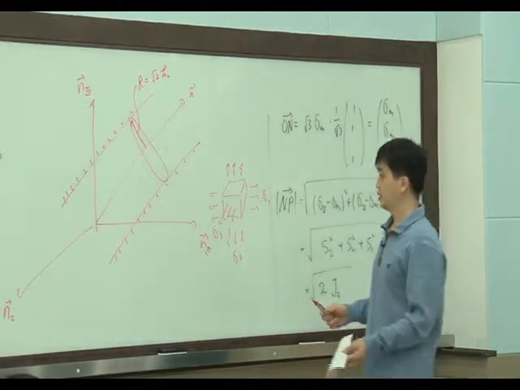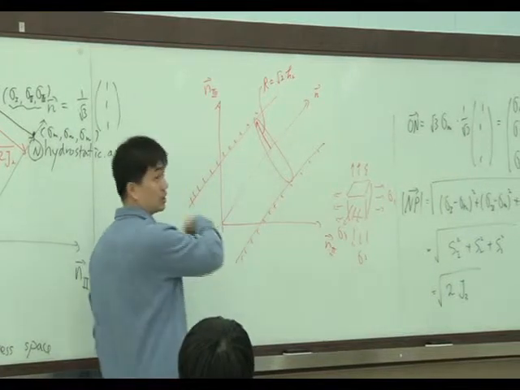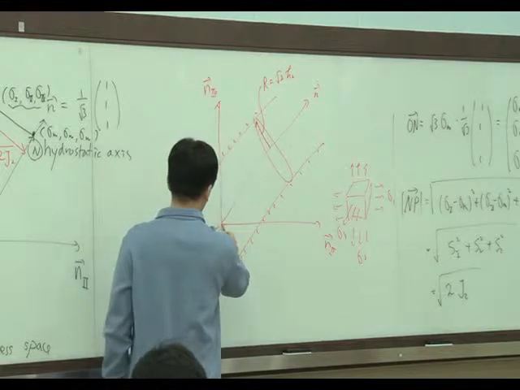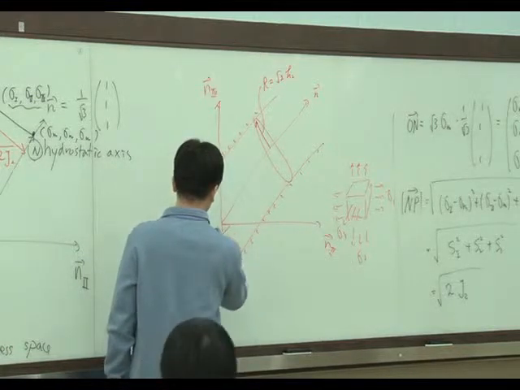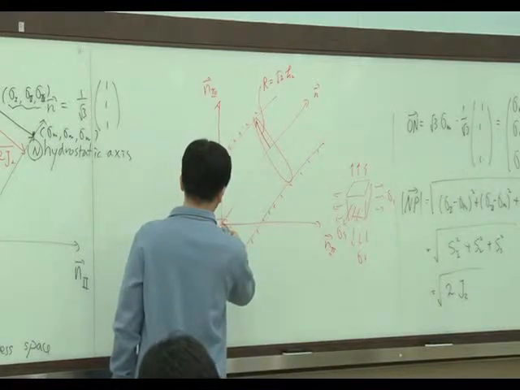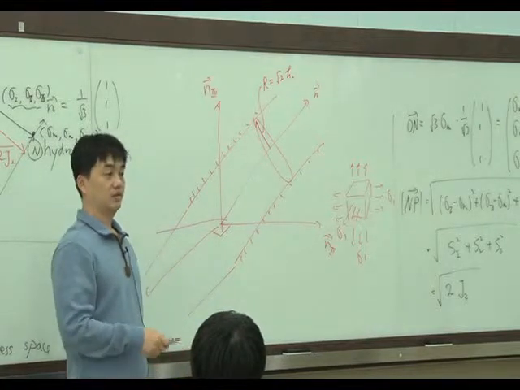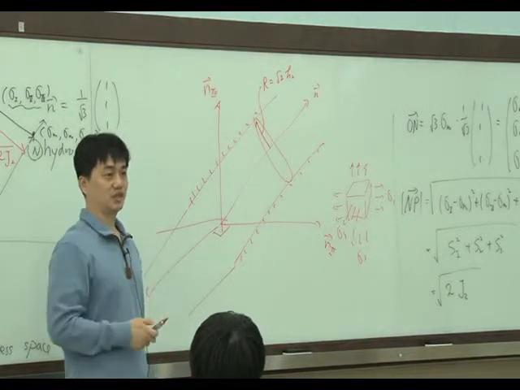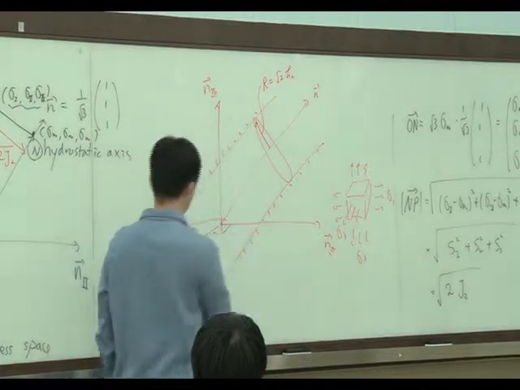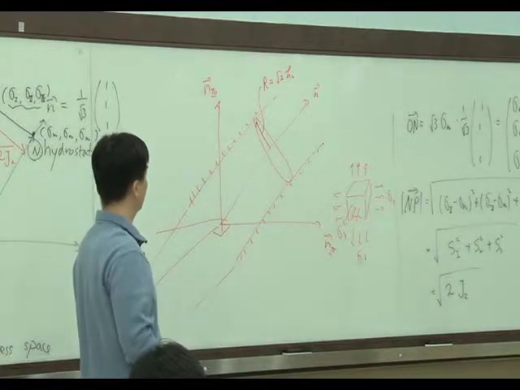This is 3D, right? How about in 2D, sigma 1 and sigma 2 plane? Let's say this is the sigma 1 and sigma 2 plane, right? In the sigma 1 and sigma 2 plane, what is going to be the shape of this cylinder? You cut this cylinder with the sigma 1 and sigma 2 plane.